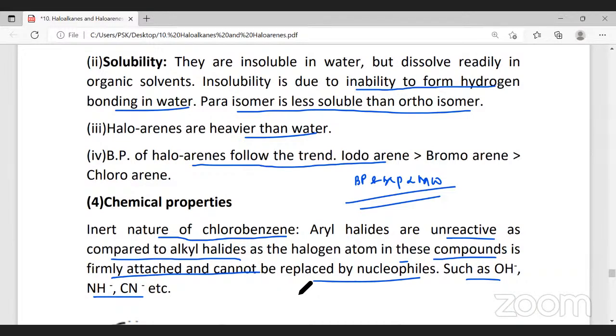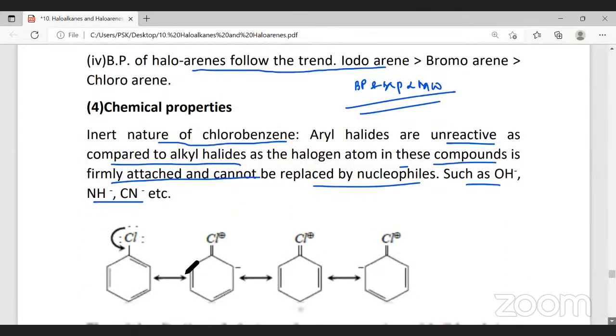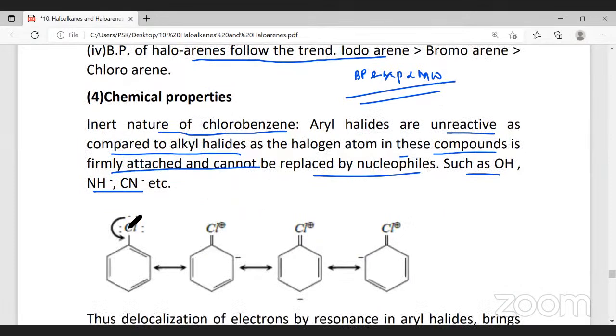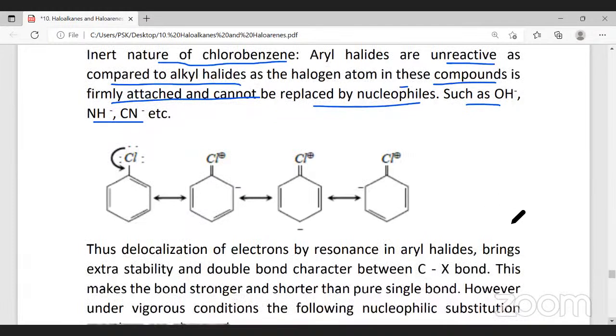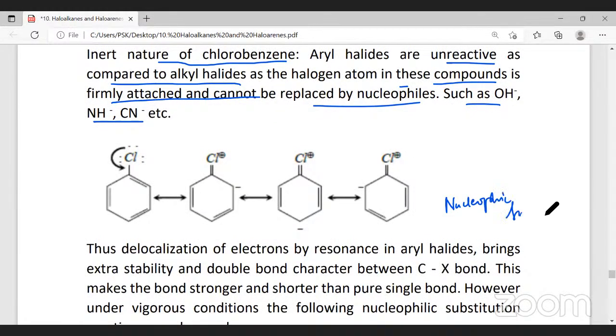See here, chlorobenzene: chlorine is an electron donating group, so different resonance structures are possible. Since chlorine is firmly attached to the carbon atom of the benzene ring, it will not easily undergo nucleophilic substitution reaction as alkyl halides do.